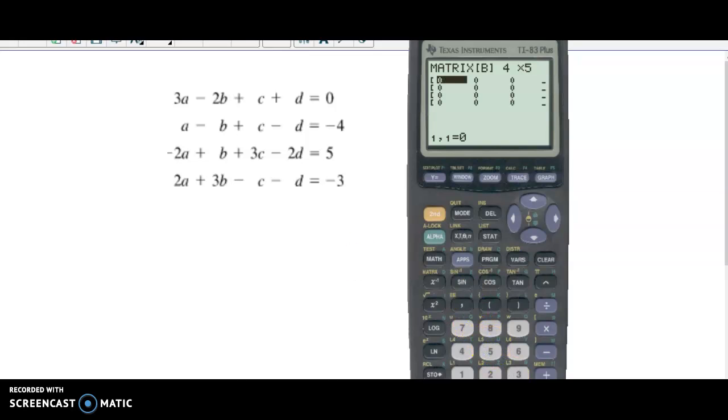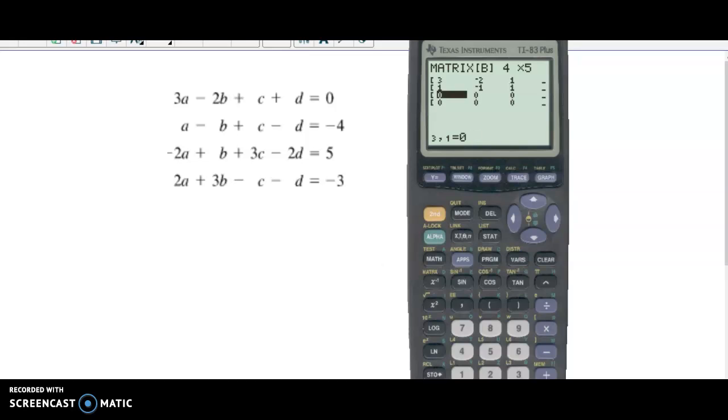Okay, so now I need to enter. The first row is 3, negative 2, 1, 1, 0. Okay, so there's my first row. My next row is 1, negative 1, 1. Entering is the hardest part. Negative 1 and negative 4.